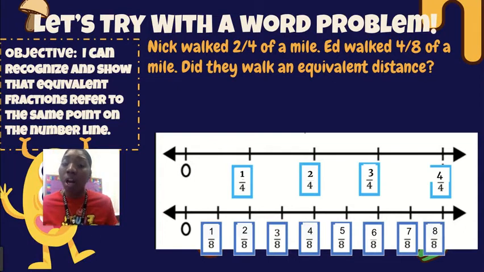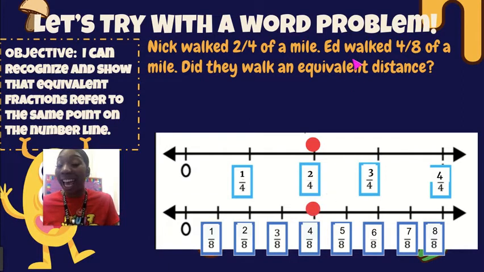So now that we've labeled our number lines, let's label our points to mark the distance that both Nick and Ed walked. We know that Nick walked 2/4 of a mile, so I'm going to put a circle where it says 2/4.